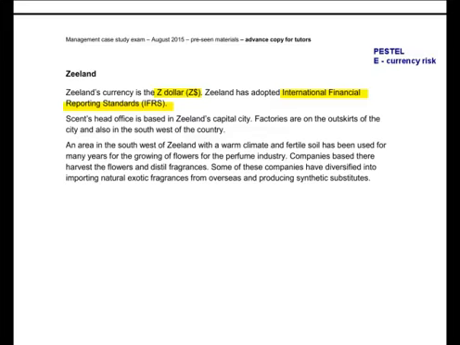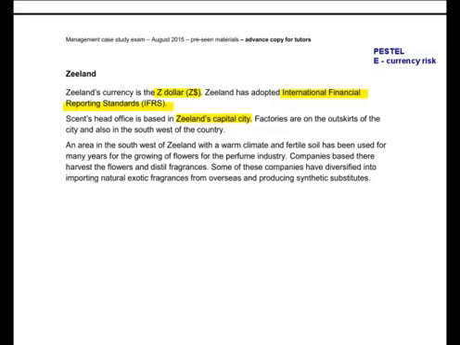So moving on now to the location of Zealand's offices. Now Zealand's office, Cent's office, sorry, is based in the Zealand capital city. And now we have no indication of how large Zealand is or how large its capital city is, but the fact that it's based there often means it's based in a larger pool of talent, as it were.